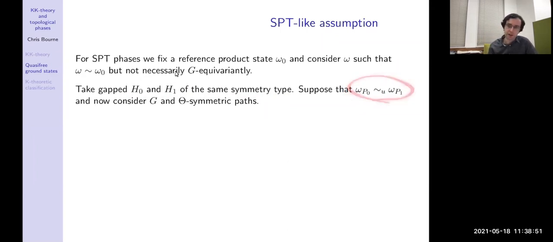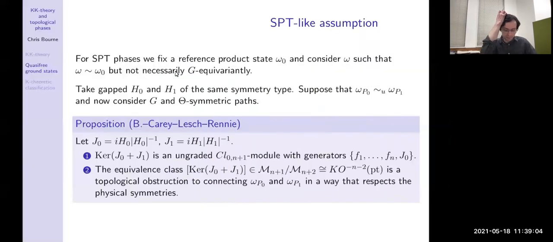So we assume they're unitary equivalent, but now consider what happens if you restrict to symmetric paths, where symmetry also means with respect to the parity. What does that mean? If these two operators are unitary equivalent, then P0 minus P1 is Hilbert-Schmidt, L2, sorry. So in particular, J0 minus J1 is in L2.